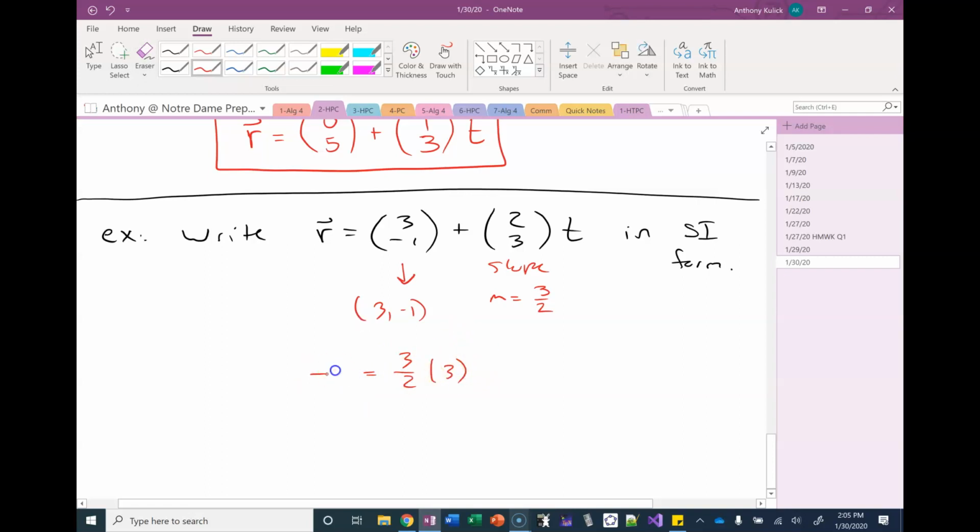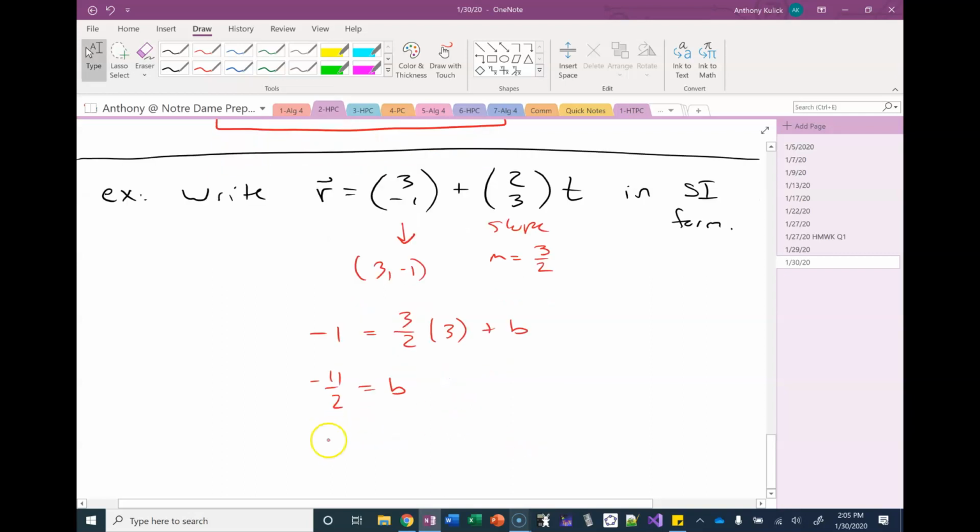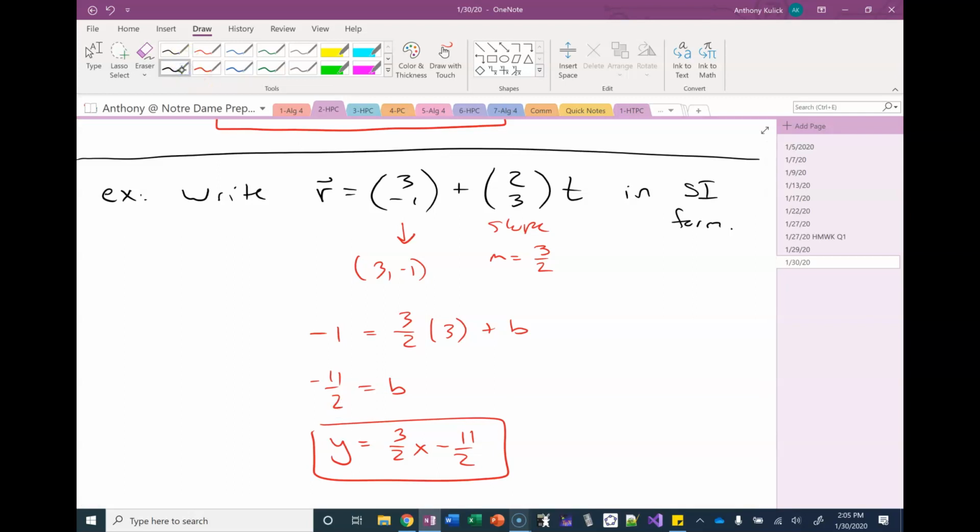And that'll allow me to solve for b, right? So we can say then y equals 3 over 2x minus 11 over 2. Good.